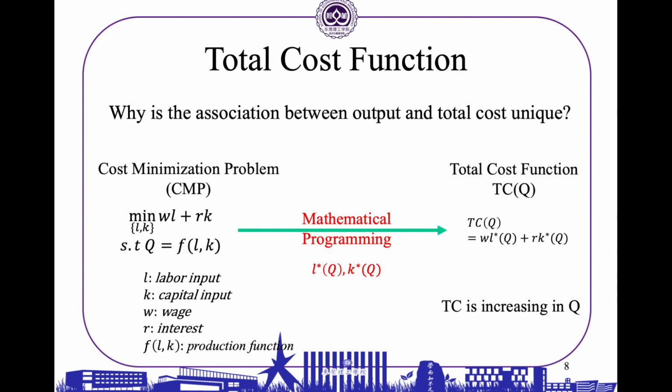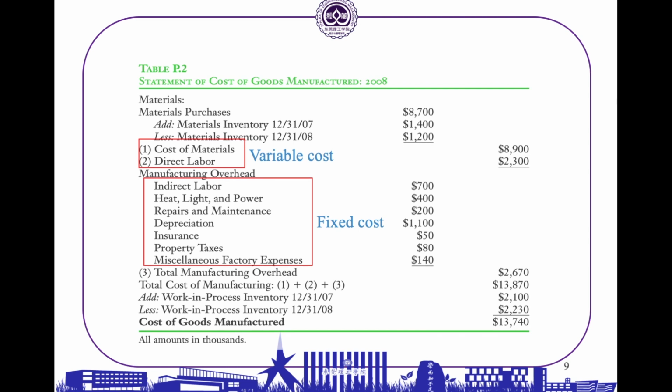Recall table P2. The cost can be divided into two categories. Fixed cost, like general and administration expenses, insurance, and depreciation, will remain constant as output changes. Variable cost, like direct labor and the cost of materials, will increase as output increases.